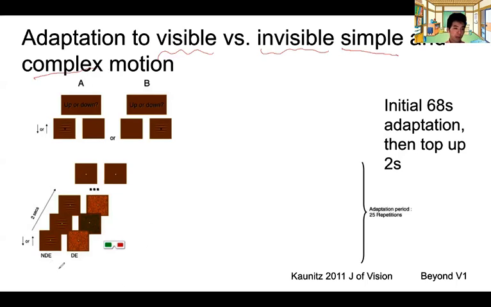In the first experiment, what he did was to present some kind of grating to the non-dominant eye. Many people have a non-dominant eye on the left. And to the dominant eye, he presented some kind of flickering pattern called continuous flash suppression, which I'll explain in later weeks.